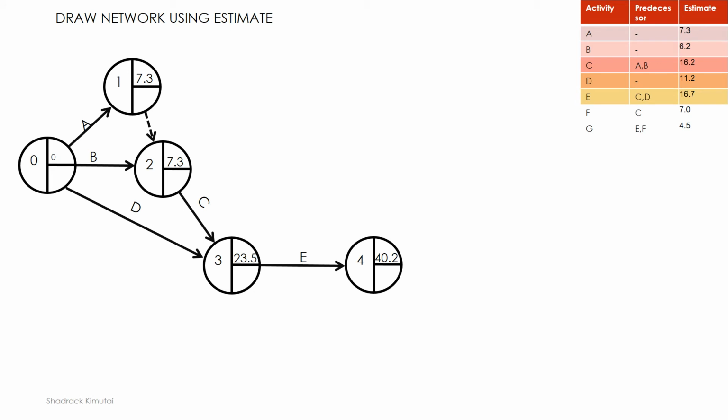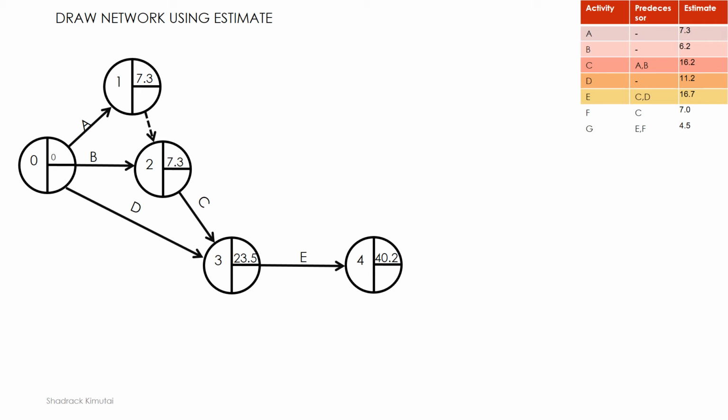We'll have another activity, which is E, and E comes after C and D. And remember that yesterday, when we were talking about the CPM, I said that you have to evaluate your table, so that you can know the kind of organization that you can have for your network. Like in this case, I was able to see that E will be a combination of both C and D, and I have arranged them in order.